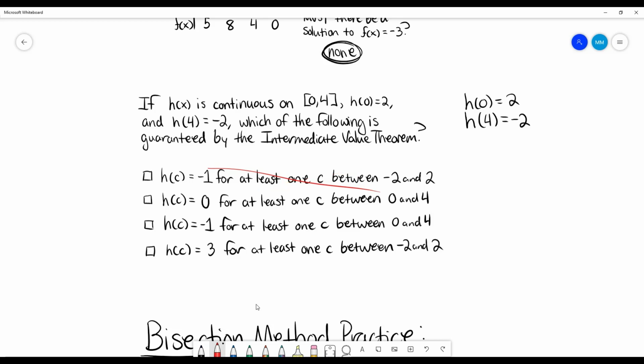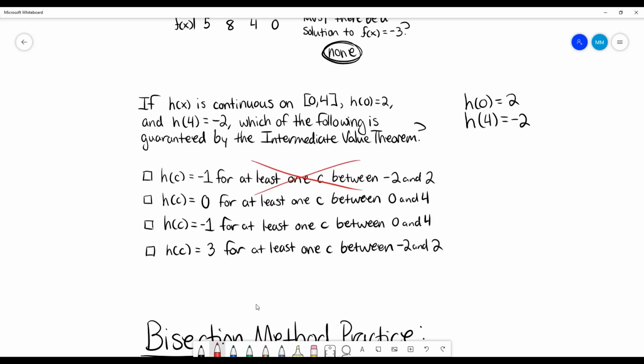And the reason is because it's saying that c is between -2 and 2. But -2 and 2 is our y values, and c is going to be that x value that we're looking for. So what we want to find is this first bit on this interval, not between these y values. So we're going to cross out this answer.